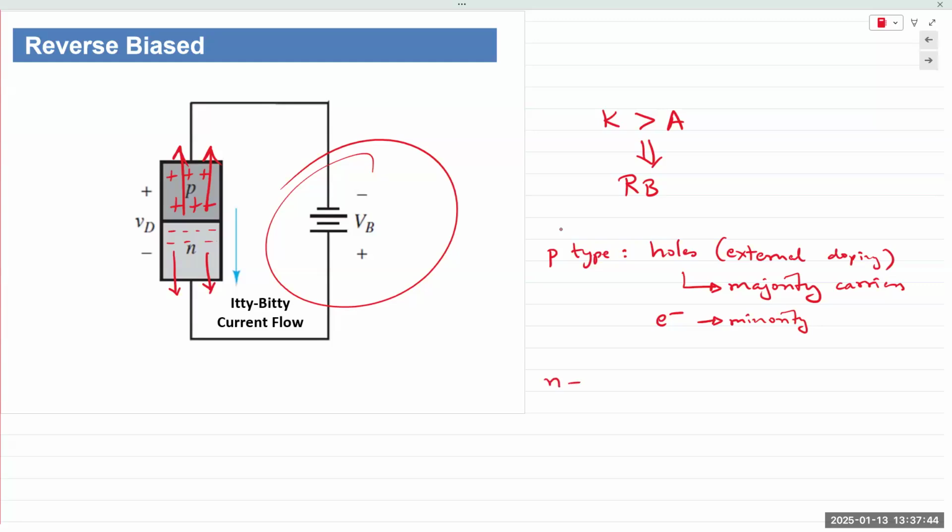In an n-type material, electrons are introduced due to the external doping. Hence, electrons are the majority carriers, and holes are the minority carriers.